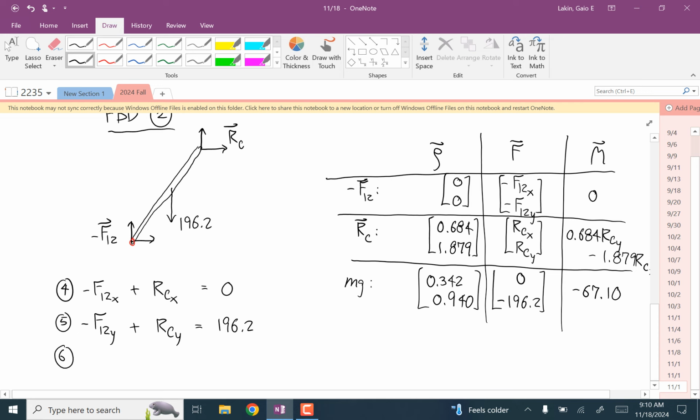And then the sixth equation says negative 1.879 RCX plus 0.684 RCY is equal to positive 67.10.